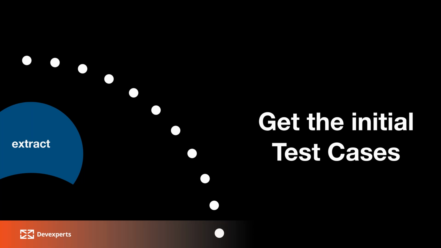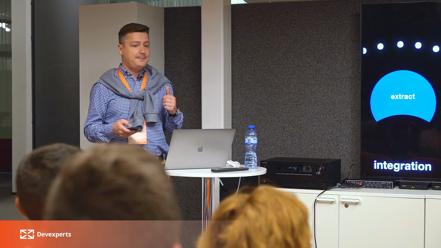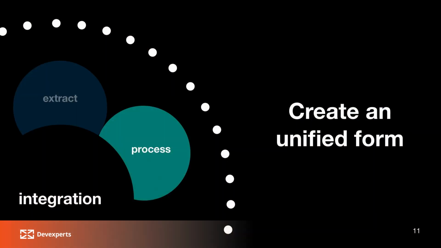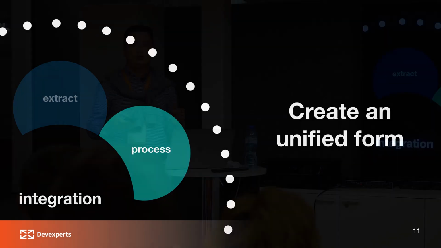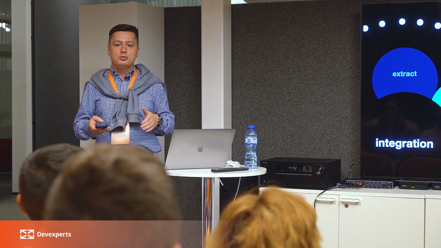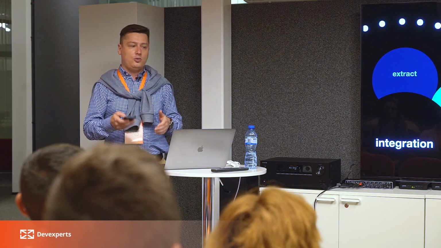First, and the most obvious, is extraction. So we can extract the test data from its source in its initial form. Then we can translate the initial form of the test cases to some kind of consumable, operable one.